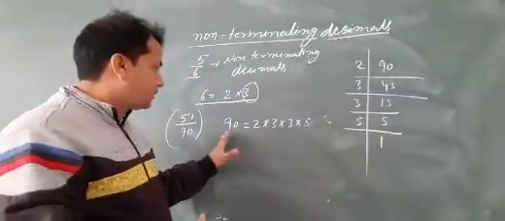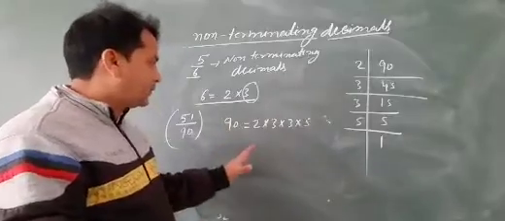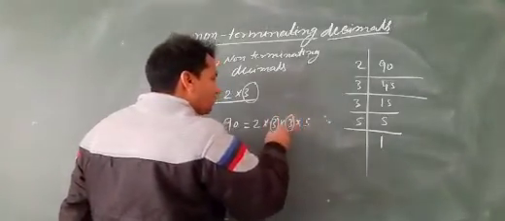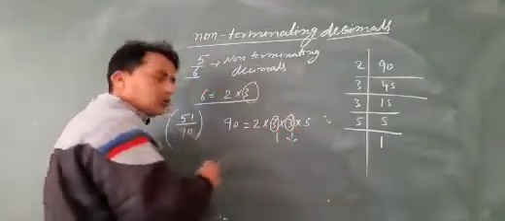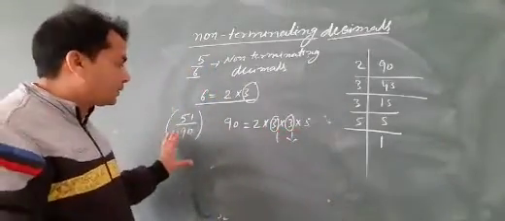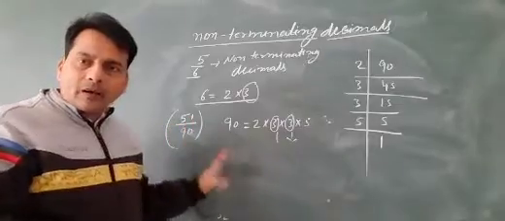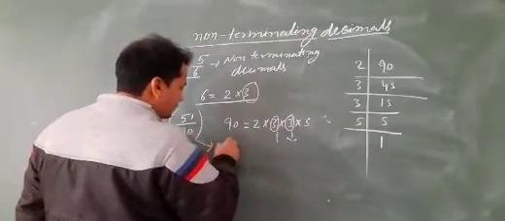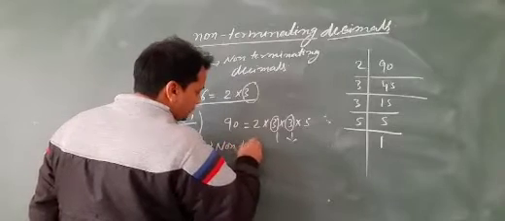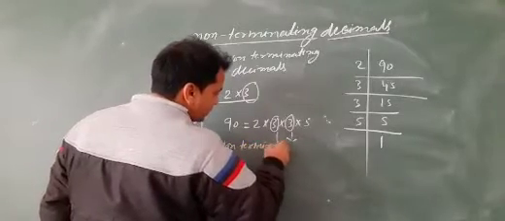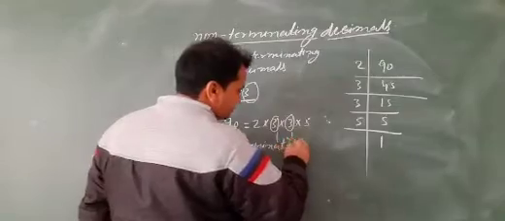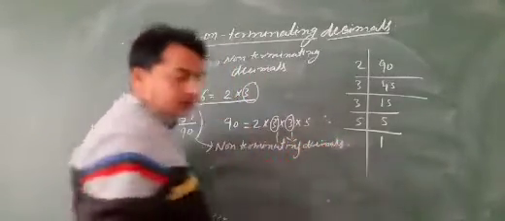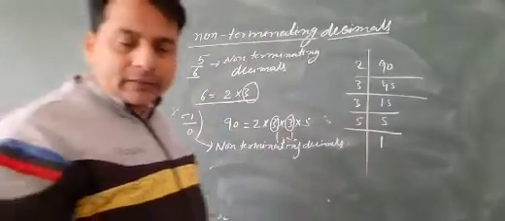But in this number, the prime factors include 3, which is other than 2 or 5. So this rational number will be a non-terminating decimal.